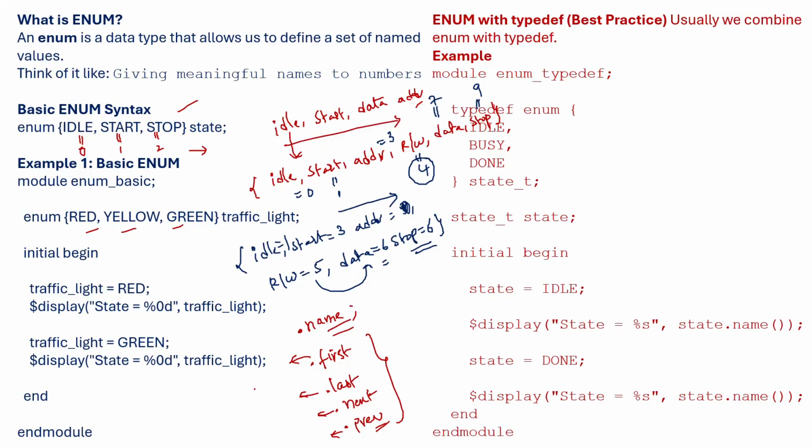And then the enum best practice is that we use typedef. Okay, so what is the use of typedef here? Typedef is a user defined data type, like the user can define that data type. Suppose I'm using typedef int array.